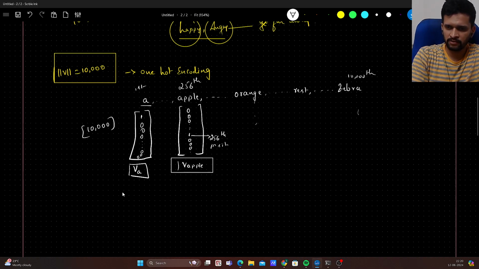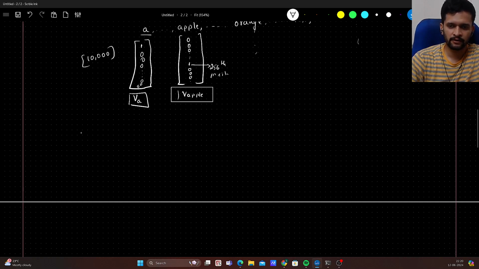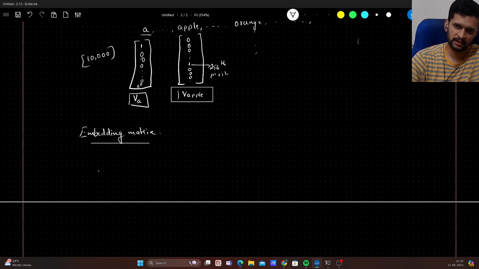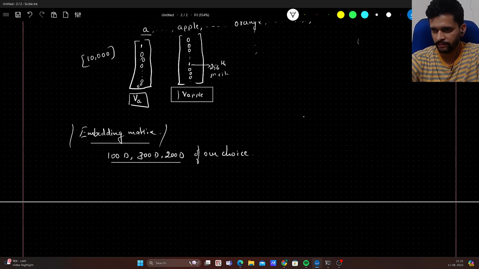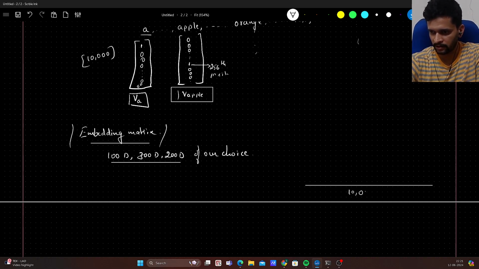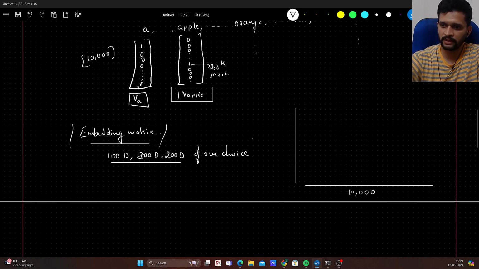And once we have this, we will calculate the embedding matrix. This embedding matrix can be of 100 dimensions, 300 dimensions, 200 dimensions, any dimension of our choice. In order to learn this embedding matrix, right? Embedding matrix is nothing but a vocabulary of 10,000 words, and each word will be represented with a 300 dimensional feature space.